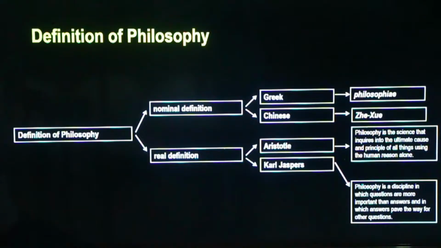Let's turn to the Chinese translation of the word philosophy, which is Ze Shui. Other translations would be Che Shui. Ze Shui is also a compound term in which Ze means wisdom, while Shui means study.